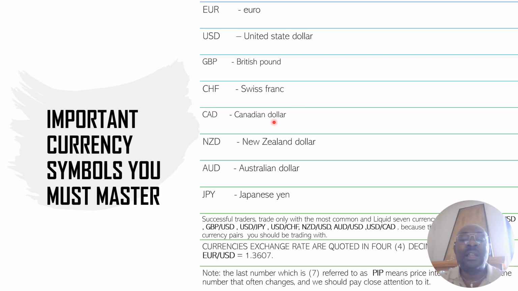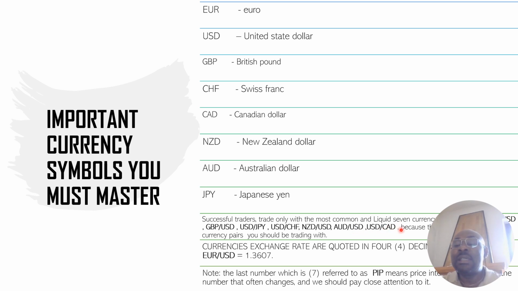CHF is the Swiss franc. CAD is the Canadian dollar. NZD, New Zealand dollar. AUD, Australian dollar. JPY, Japanese yen.